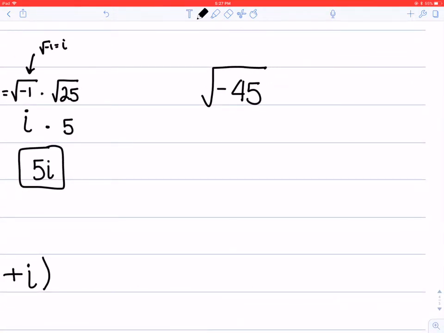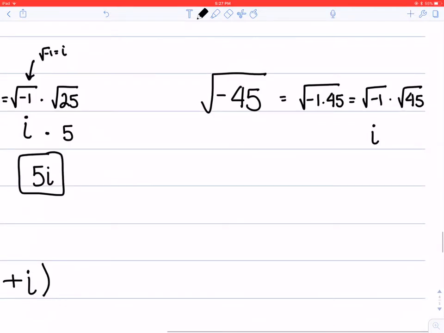Now the second one, the square root of -45, I'm going to rewrite it as -1 times 45, and then split up the radical. Now the square root of -1, it's i. Square root of 45 isn't a perfect square, so I'm going to have to do my factor tree.